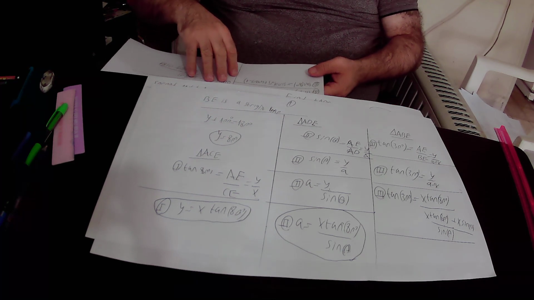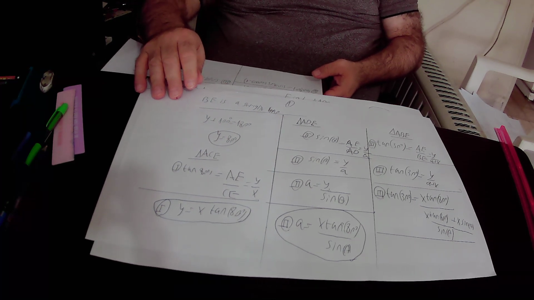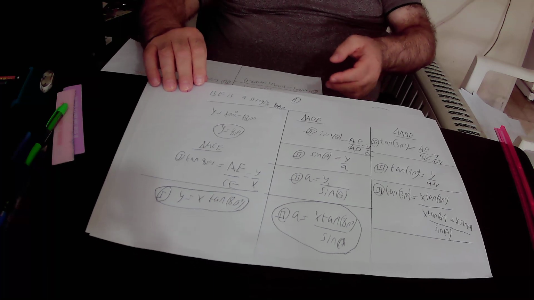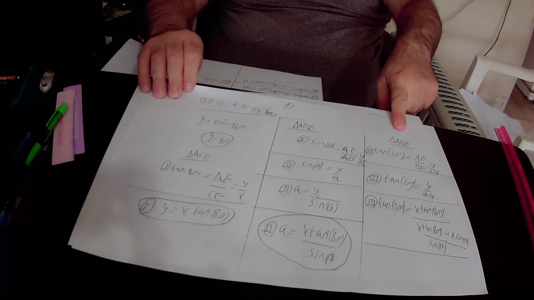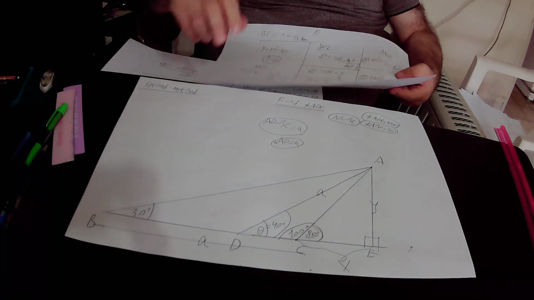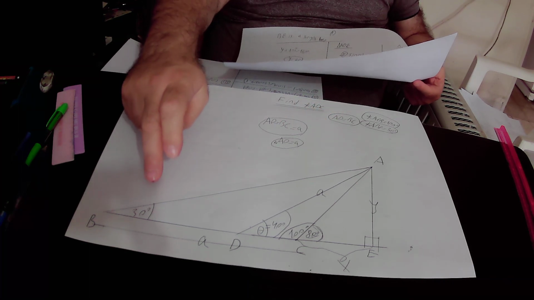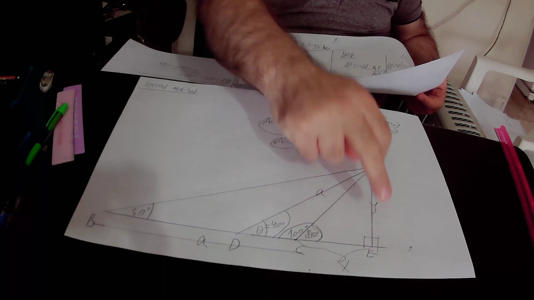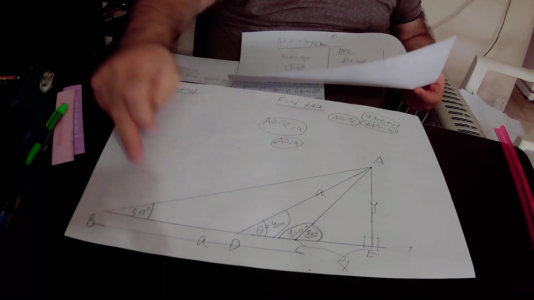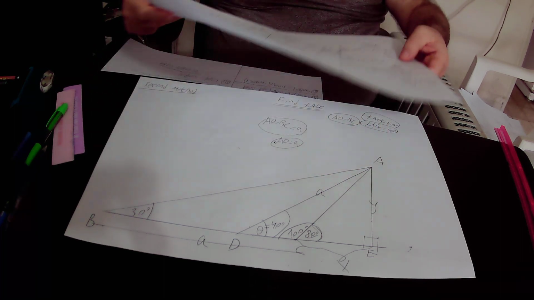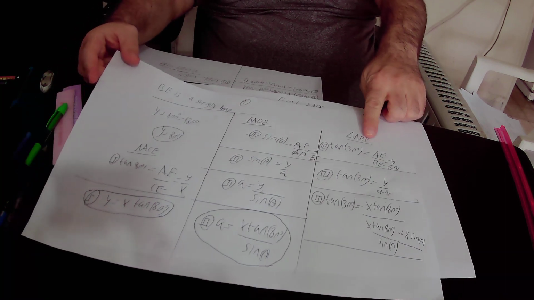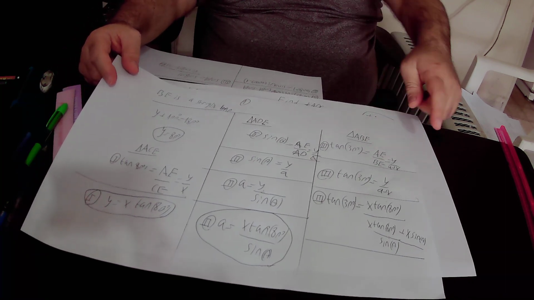Then we focus on the right triangle, triangle ABE, the big right triangle. Here we know that tangent 30 degrees equals AE over BE.